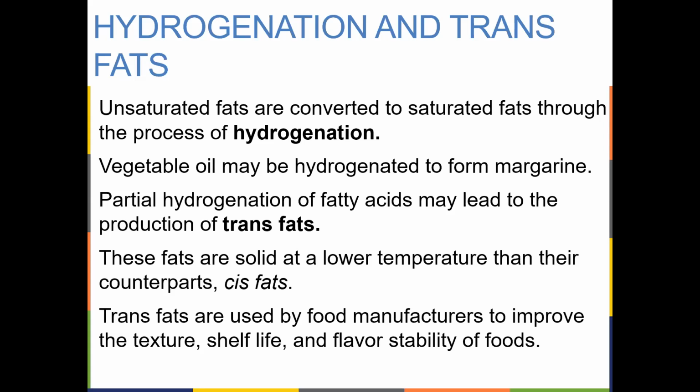A trans fat is going to be solid at lower temperatures than the cis fats. And so these trans fats have been considered a good thing in the food industry because they keep foods stable and give them a longer shelf life than the cis fats do.